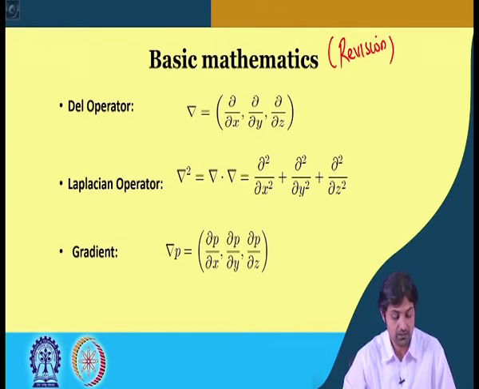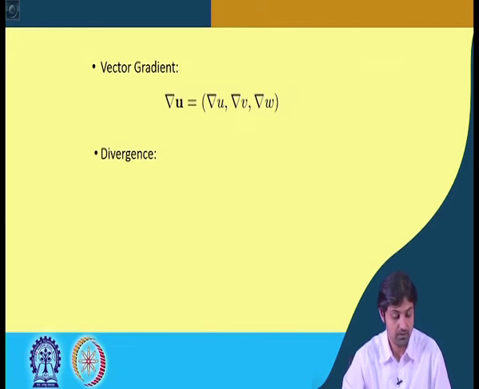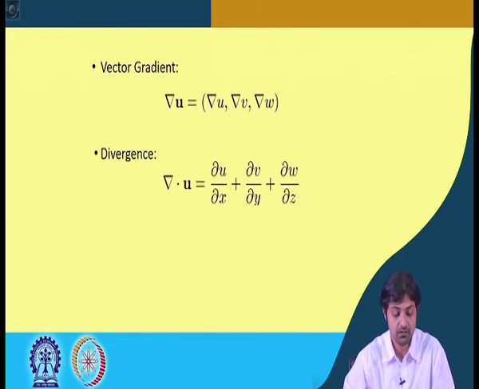Gradient operator, it's del p, it's del p/del x, del p/del y, del p/del z. All right. There is a vector gradient, that is del u, del v, del w. There is a divergence operator, that is del dot u, that gives del u/del x, del v/del y and del w/del z.